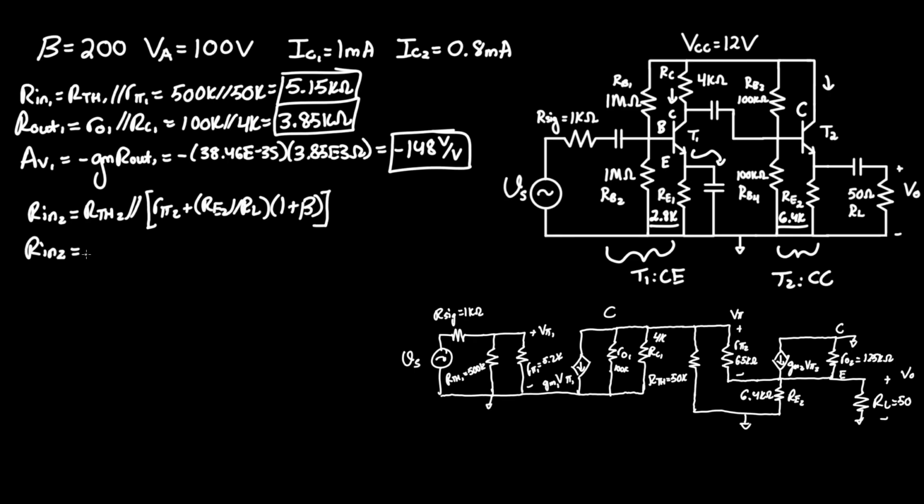Filling in these variables, we get 50K in parallel with 6.5K plus 6.4 kilo ohms in parallel with 50 ohms, times 201. Since beta is 200, you just add 1 to that. And this product gives you 12.39 kilo ohms.